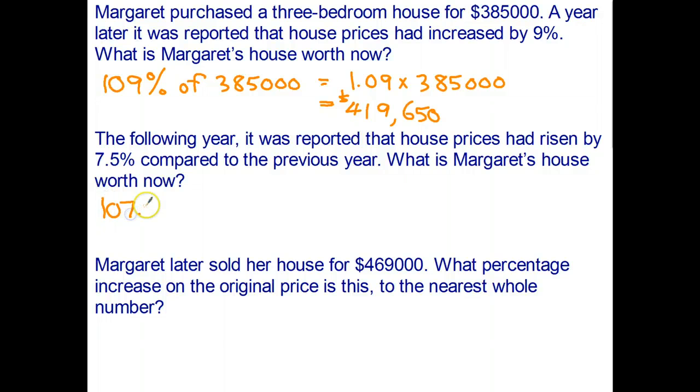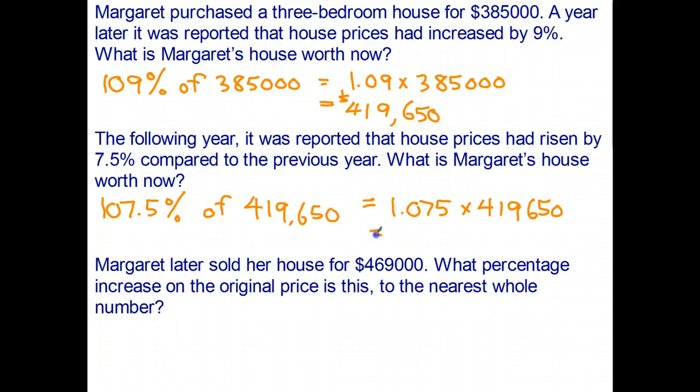So the new price is 107.5% of $419,650. Okay, I've got that number stored in my calculator. So that's going to be 1.075 times 419,650.